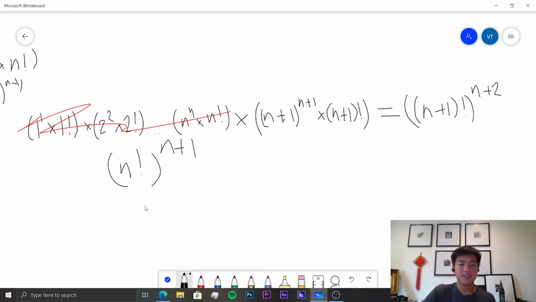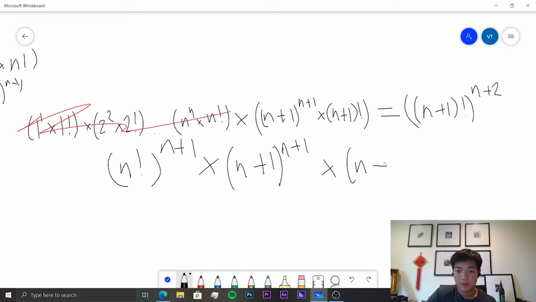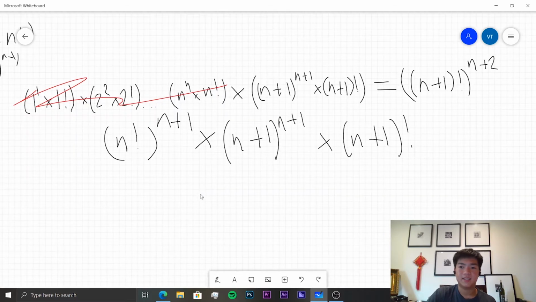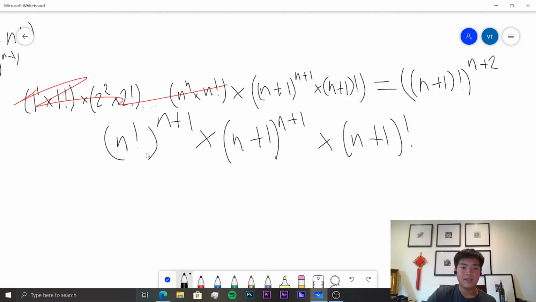The thing is, we can split this up into (n plus 1) to the power of n plus 1 times (n plus 1) factorial, of course. And the thing is that we can actually add these two together.